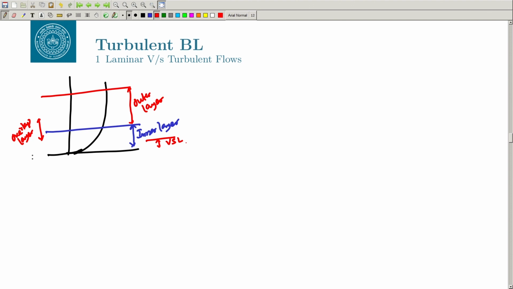So what I am plotting here is u bar, you can call it, and this is your distance from the wall, you can call it y. If it is becoming 1, that means it has gone to the free stream. So let us talk about the viscous sublayer.